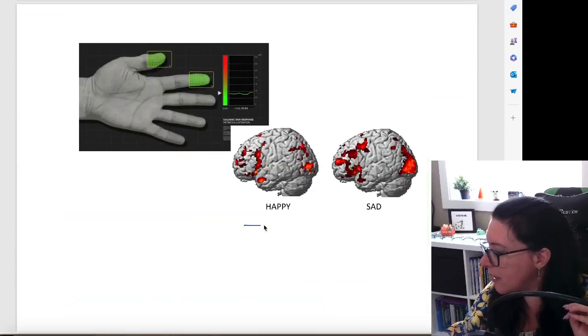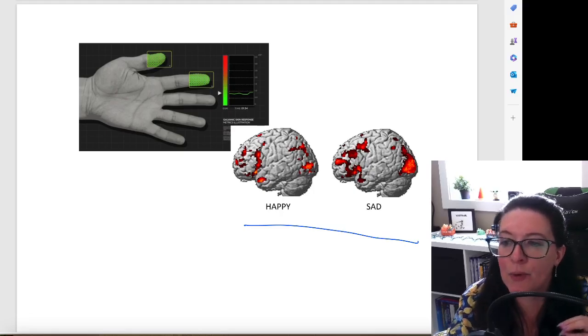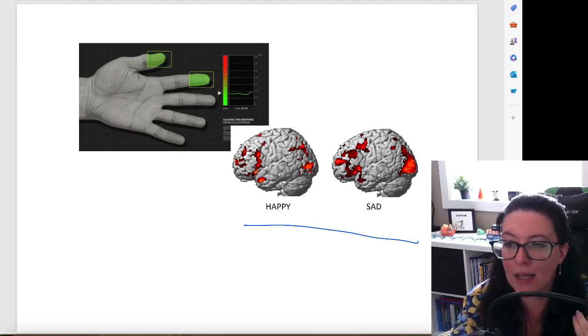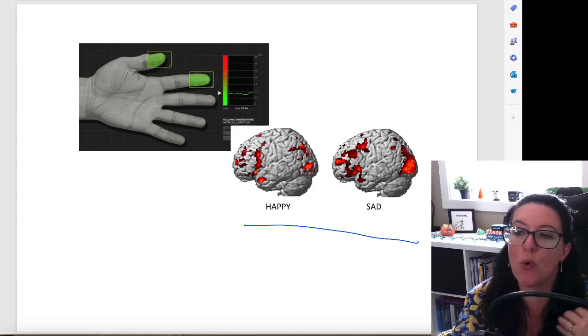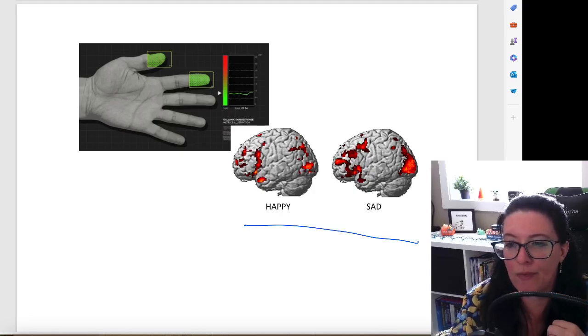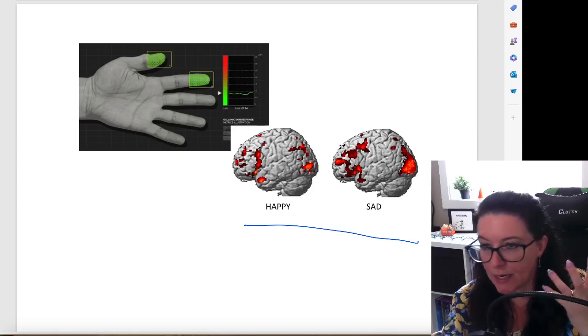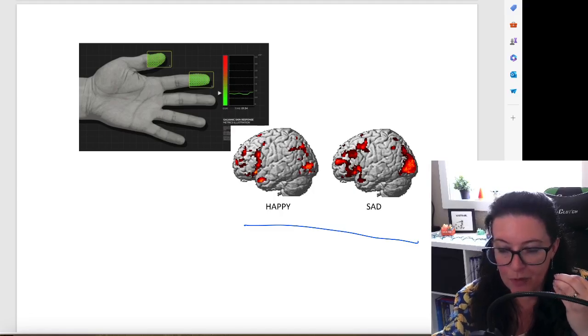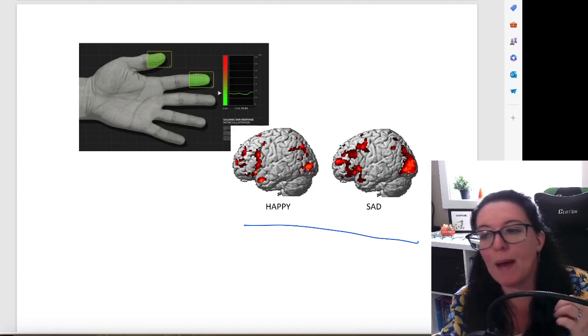All right, so here's an fMRI, and different parts of the brain are highlighted depending on the type of emotions or the type of information that's being recalled. If it is more of an automatic response versus thinking back in terms of historical knowledge, your memories.